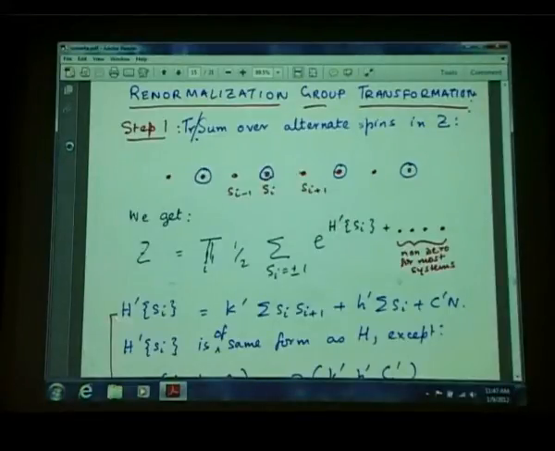And you can ask, what is the structure of h prime? Well, h prime has exactly the same structure as my original h. The only difference is that these K, h, and C, which I call the coupling constants, have now changed.